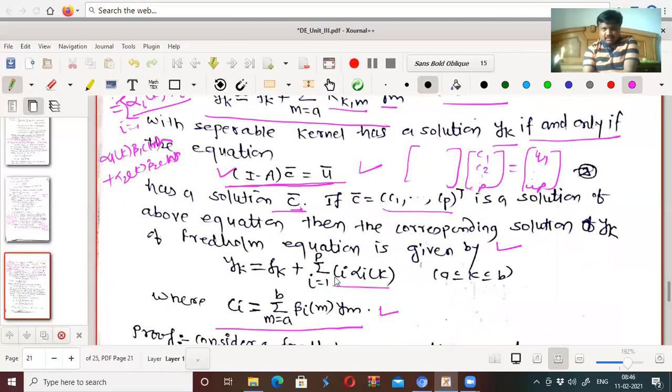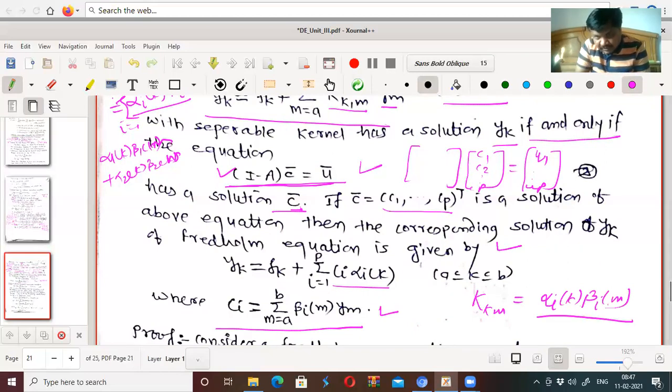Now from where we get this beta and alpha? K of km is nothing but alpha i of k beta i of m. This is called separable kernel. From here we have taken beta and alpha.